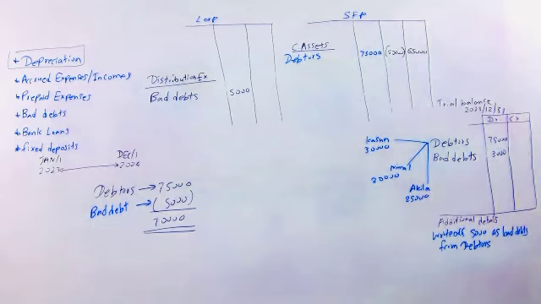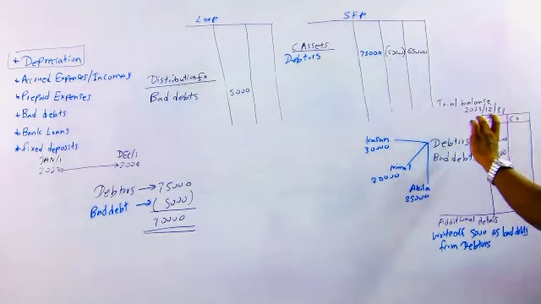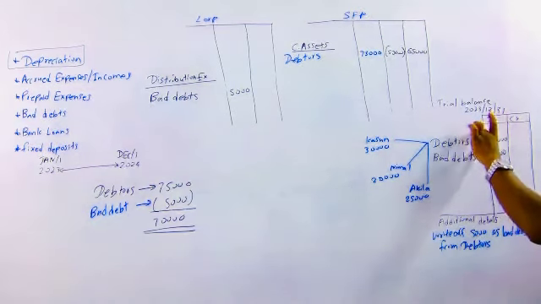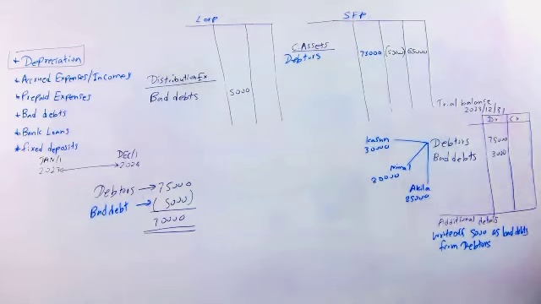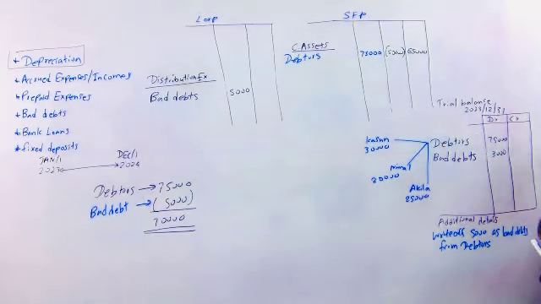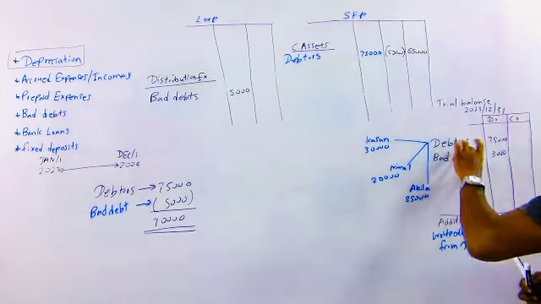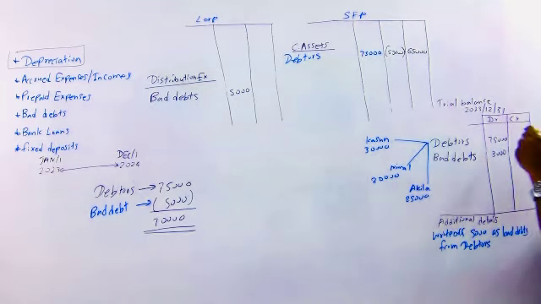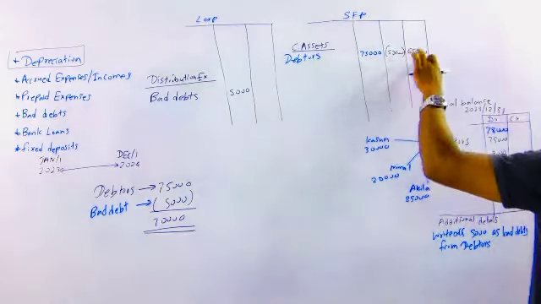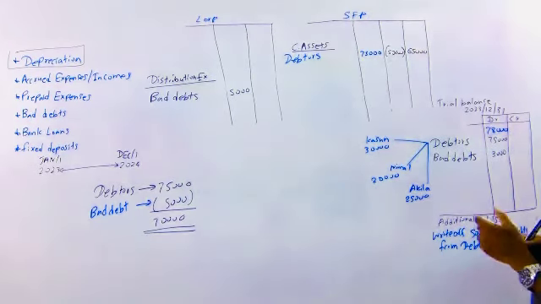It means that after the deduction of bad debts, the remaining balance of debtors is 75,000, right? After the deduction of bad debts, right? So before the bad debts, the debtors were 78,000, like this.